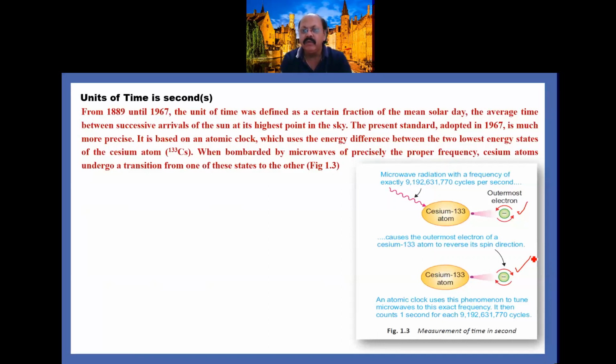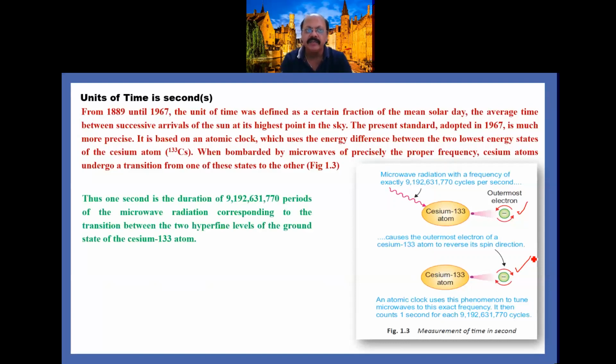It then counts 1 second for each 9192631770 cycles of the radiation. That's why the definition becomes: 1 second is the duration of 9192631770 periods of microwave radiation corresponding to the transition between the two hyperfine levels of the ground state of the cesium 133 atom. So this is about the unit of time, that is second.